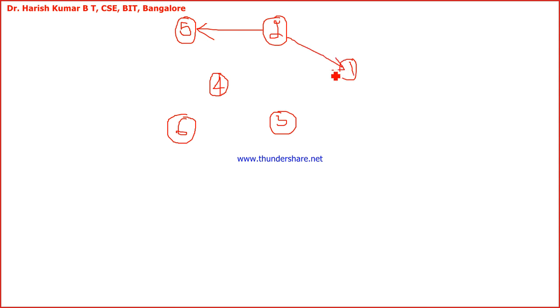2 to 1, so digraph it is, and then 1 to 2, and then 1 to 3, and then 3 to 2, and then 3 to 6.